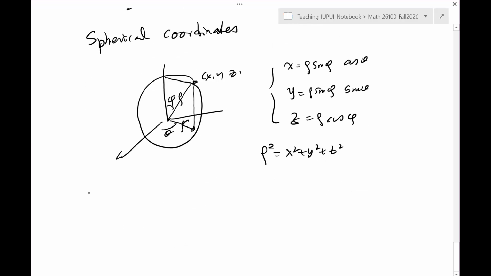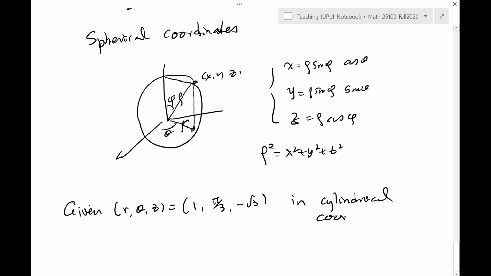And now if you are given the r, theta, z, which is 1, pi over 3, and negative square root of 3 in cylindrical coordinates, okay?